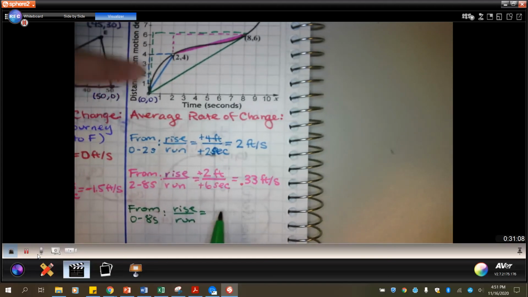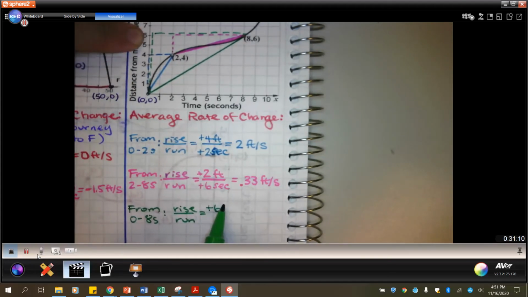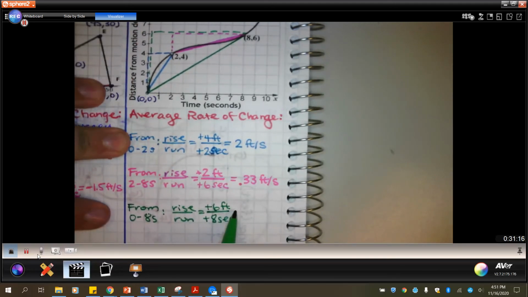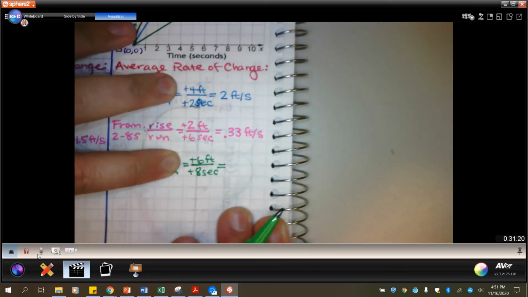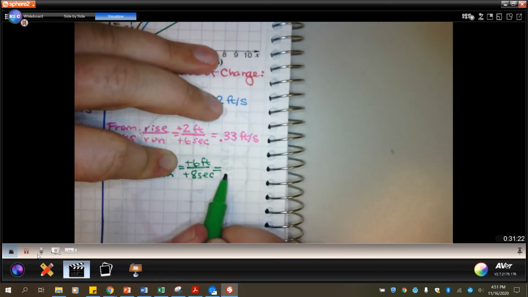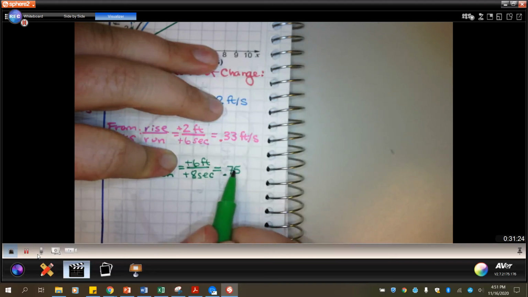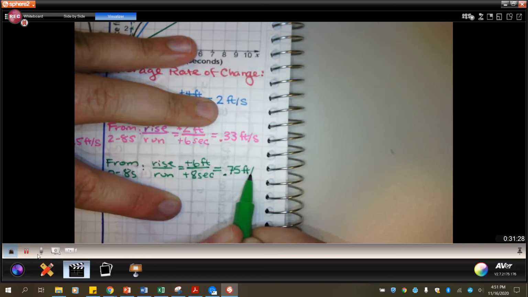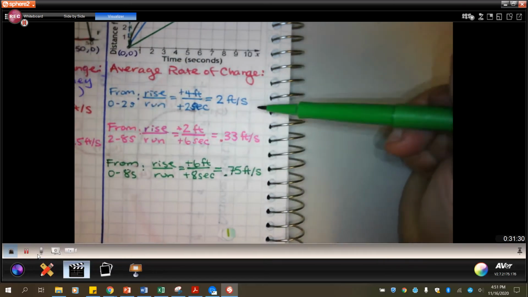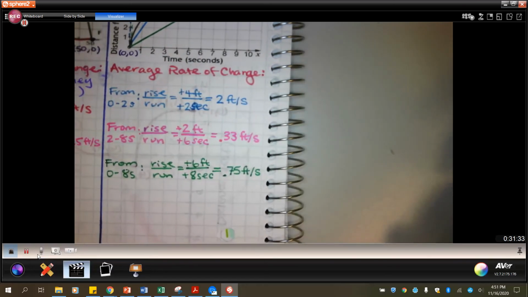So we went up 6, that's plus 6 feet, and then over 8, which is plus 8 seconds. Well, that ends up being 0.75, that's 3/4 feet per second. Hey, and it actually was in between those 2 things, which is kind of cool.